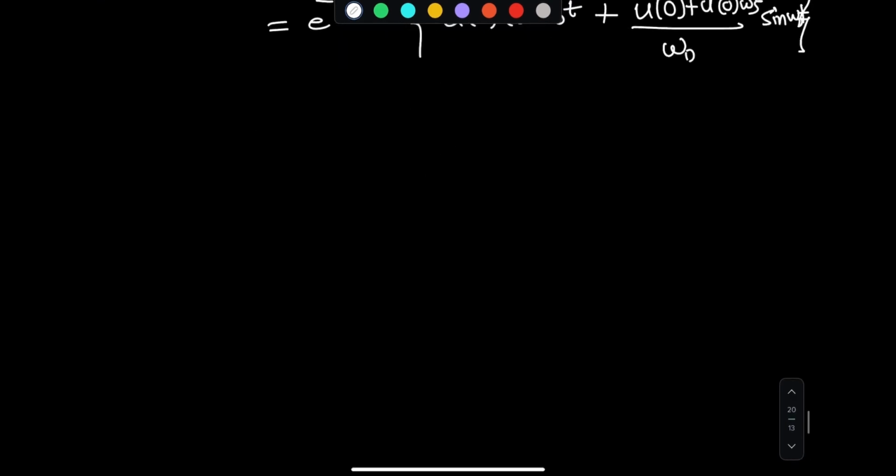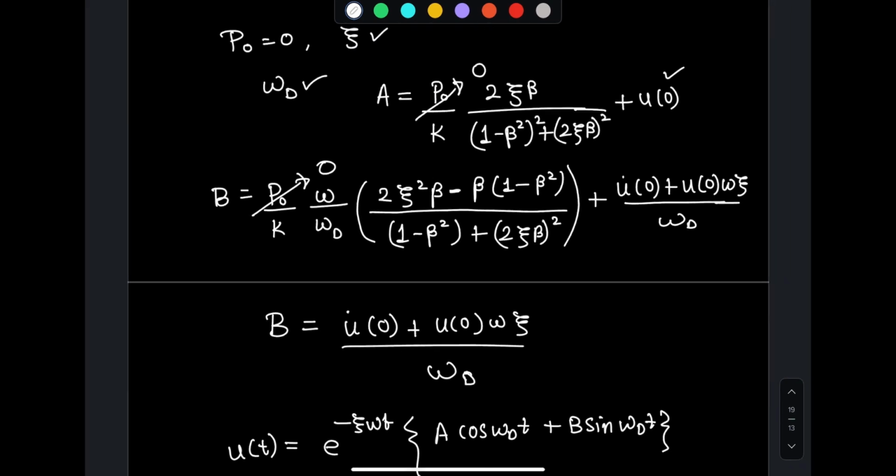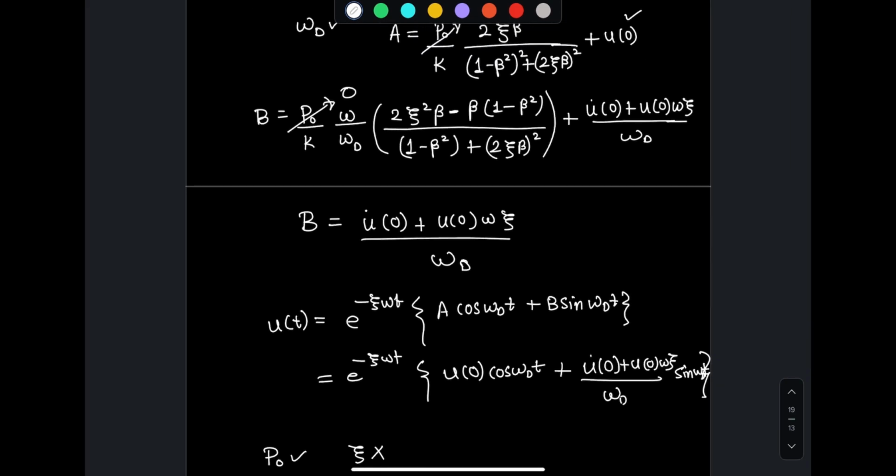So again, for the forced undamped situation, we'll have some P naught, but as it is undamped, we won't have zeta and we won't have omega d. Instead, we would have omega n. So we substitute these values in place of A and B and again try to find out.